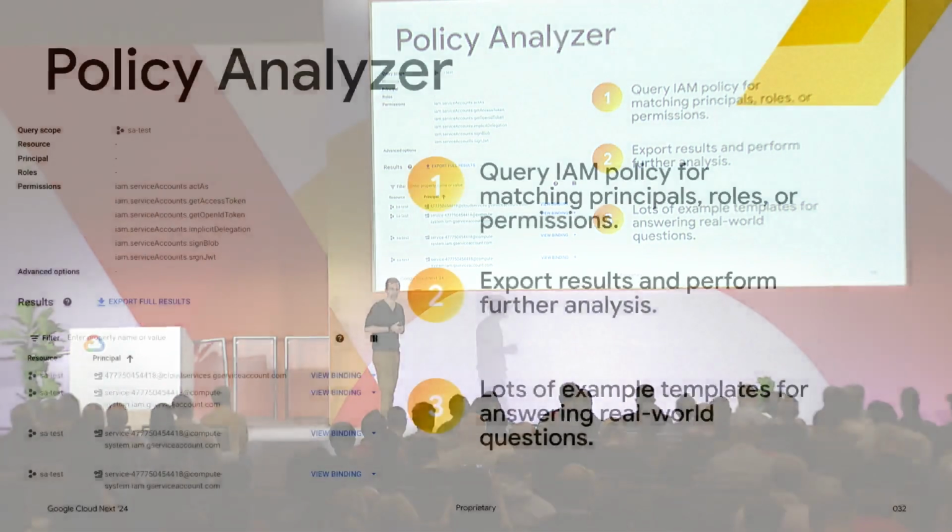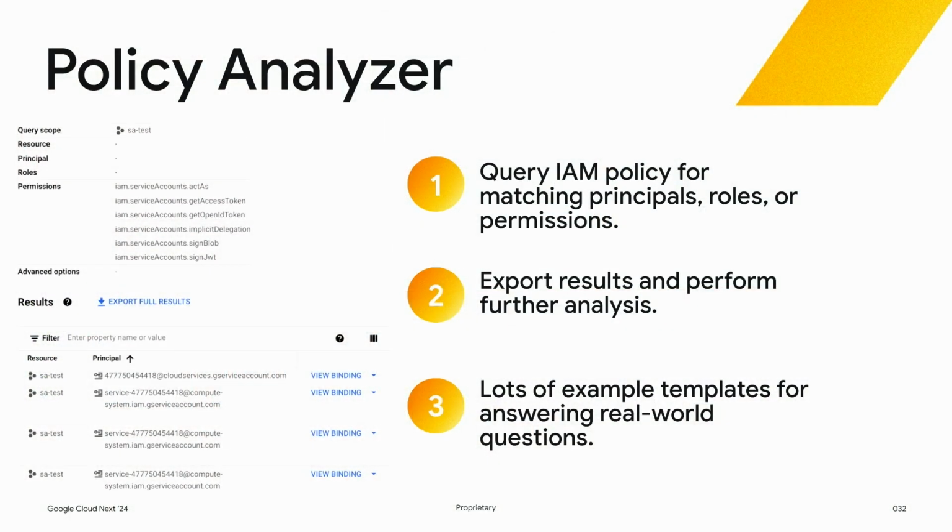Another tool that's really useful within IAM for making sure that you're applying the principle of least privilege is the policy analyzer and the policy troubleshooter. The policy analyzer is a way of querying your IAM policy to get answers about which identities have access to do what within your project.